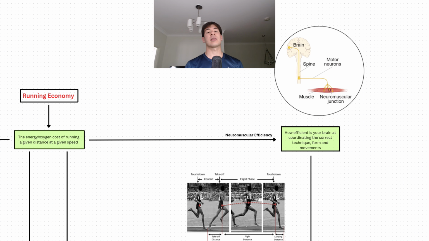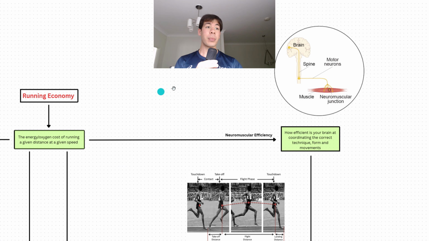The way I like to explain this is that you could have the perfect running technique, textbook perfect, but if you haven't practiced that, then obviously it's going to be a lot harder to maintain and hold that technique as opposed to someone who's been practicing with that correct running technique for months, as an example. It's going to be much easier for them to hold that proper running technique biomechanically because they've reinforced it over and over again. So that's what neuromuscular efficiency is referring to.